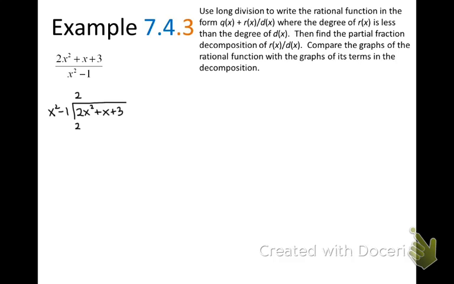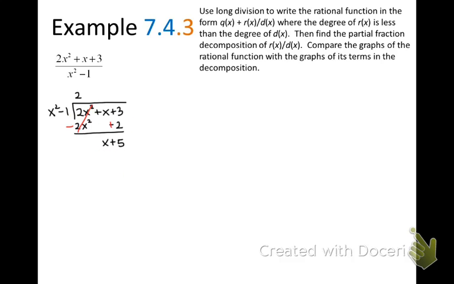Multiply that through, I get 2x squared minus 2. But remember, when we do long division, we change the signs so that we get a cancellation, right? So then what's left over is x plus 5, and that's actually as far as I can go because now this power is too big for me to multiply to a lesser power, right?